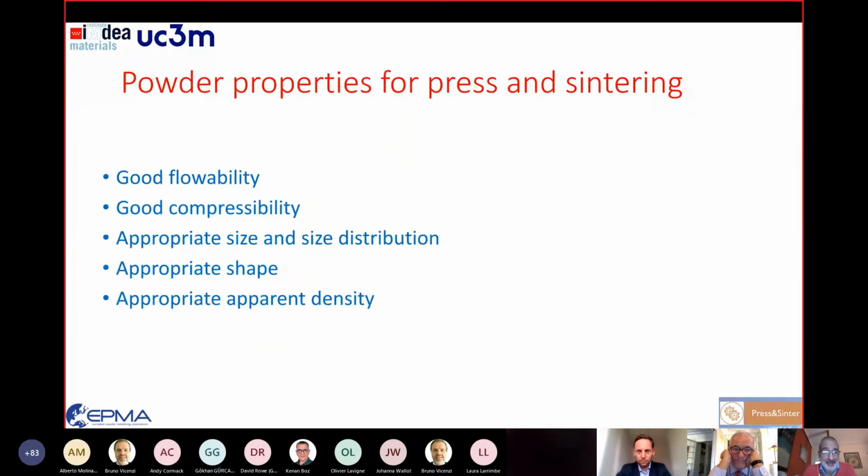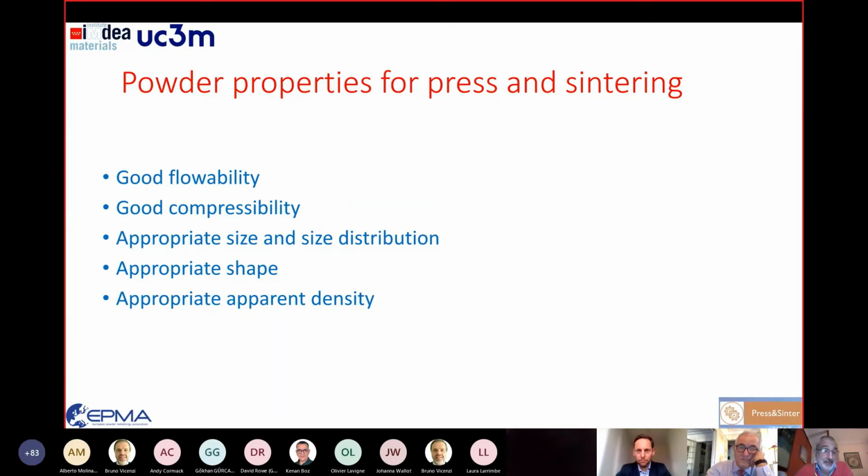If we analyze the properties that we can find in a powder, in a particle, which of those properties are interesting, we have to adjust them to have a good process in press and sintering. Of course, flowability, because we have to fill a die in a very fast way. We need to have good compressibility, so that means the powder should not be so hard, in order to allow compressibility.